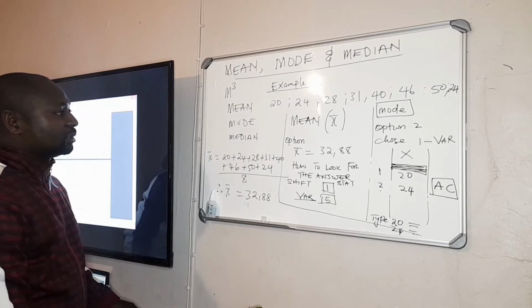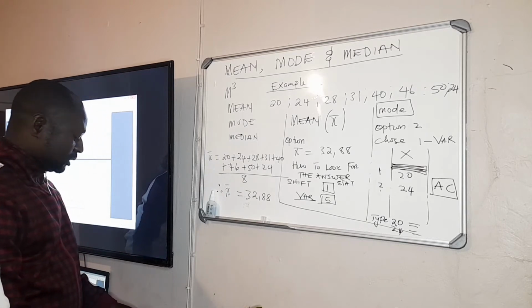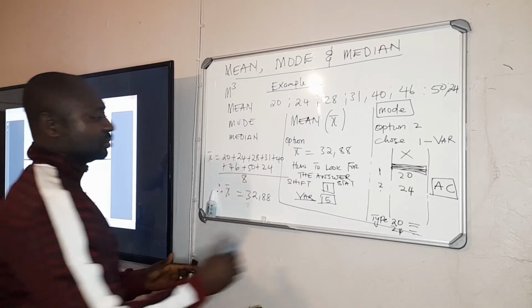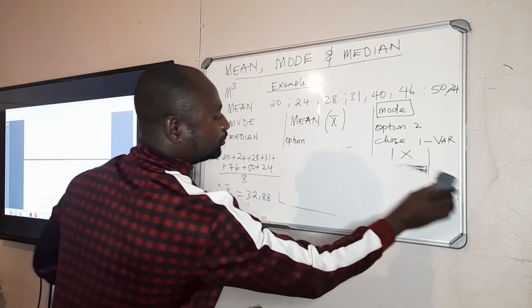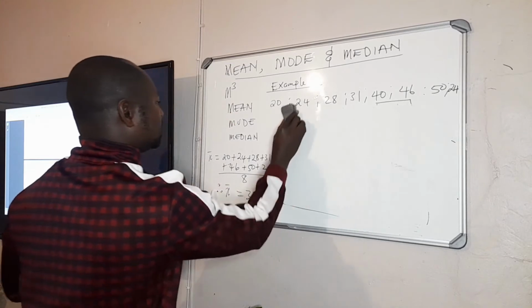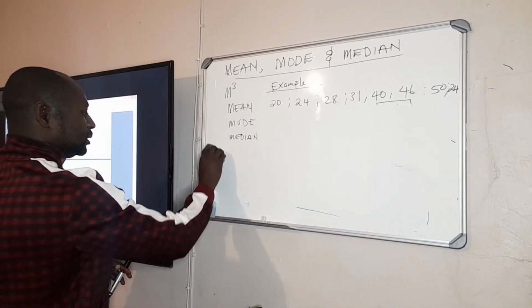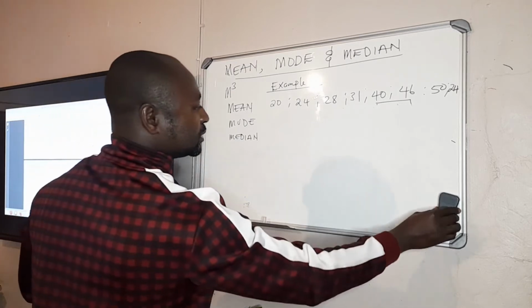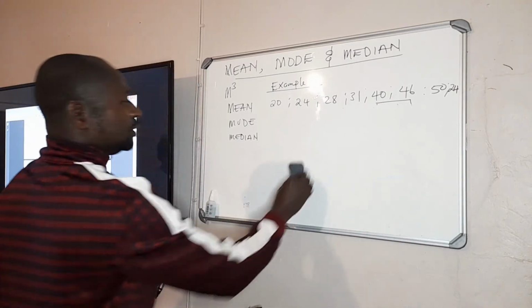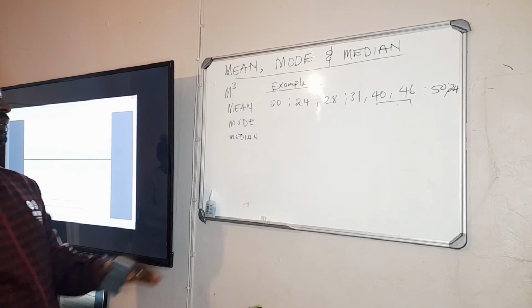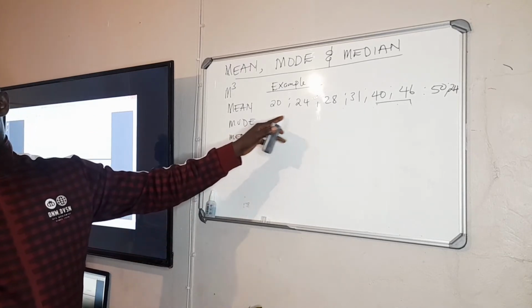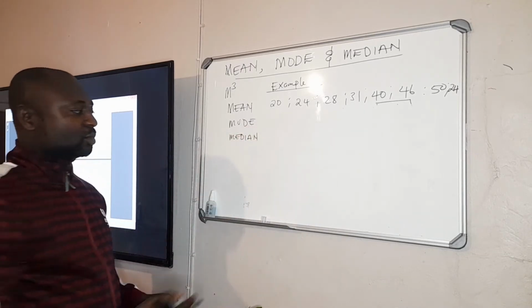Now when we talk about mode in mathematics, we are looking for the most occurring frequency number. That means the number that appeared most in the data set is what we call the mode.